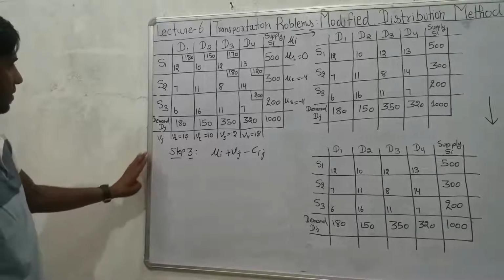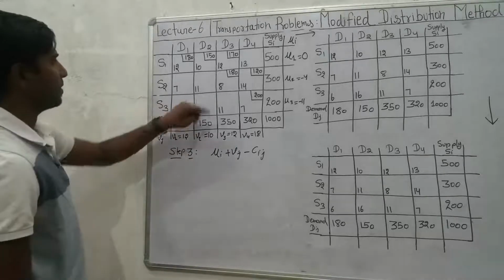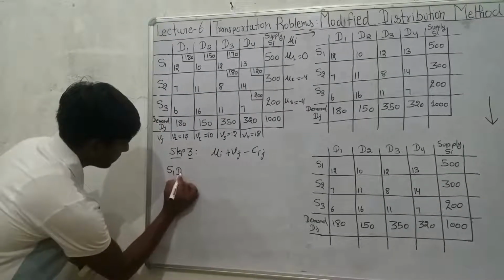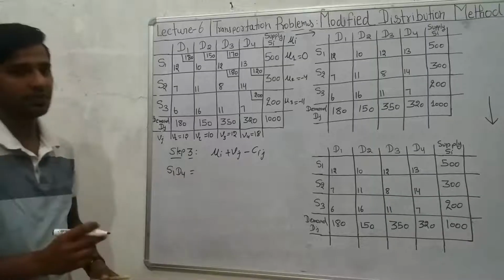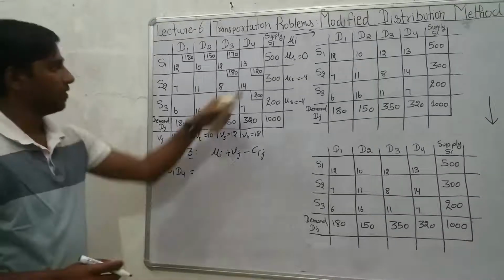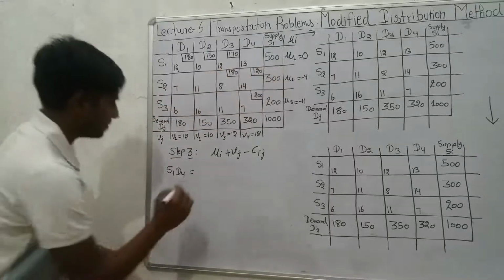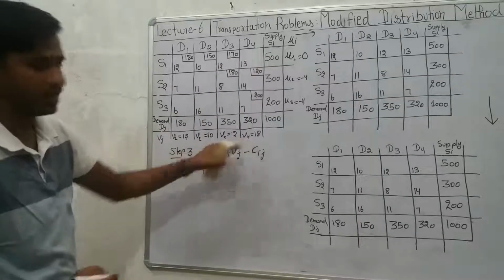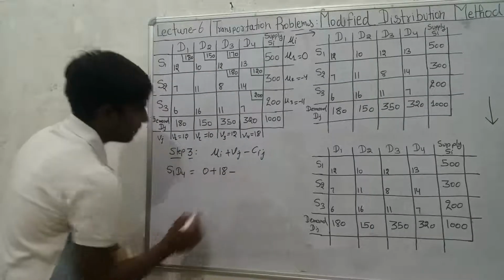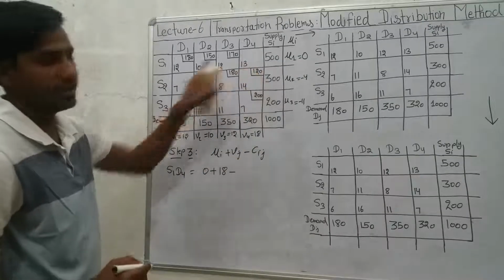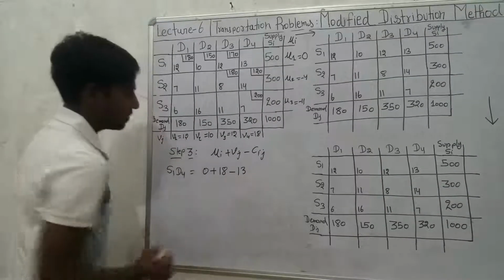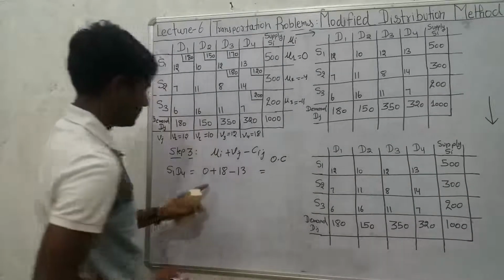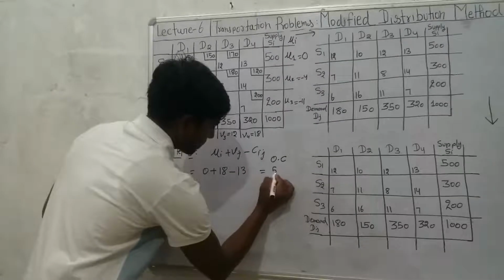Start with any empty cell of your choice, like we are starting from S1D4. The first empty cell is S1D4, so simply apply this formula. For this cell, what is the value of U? It is 0, plus what is the value of V? It is 18. And what is the value of Cij, or cost per unit? It is 13. So the opportunity cost is 18 minus 13, that is 5.